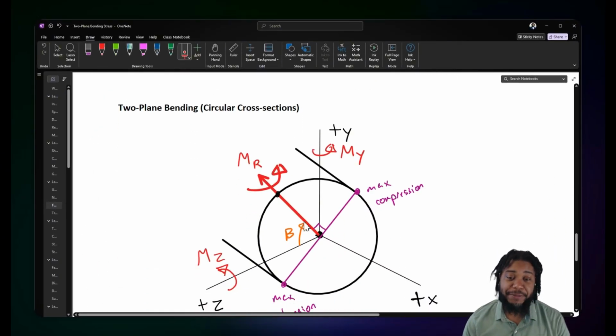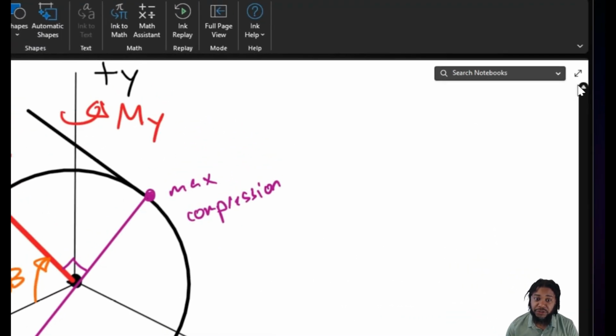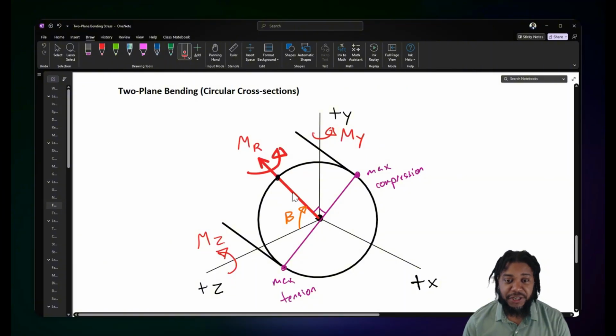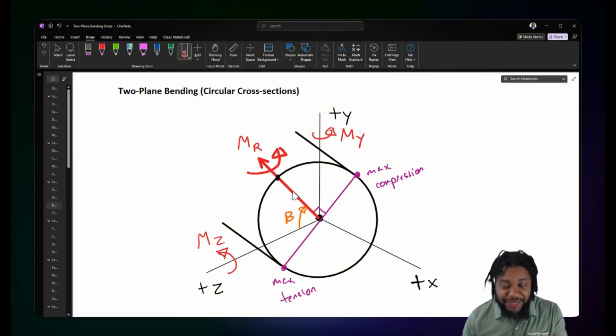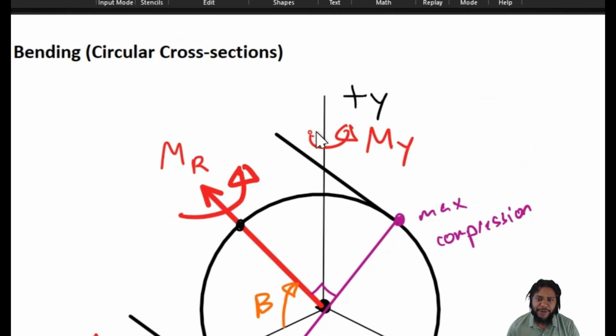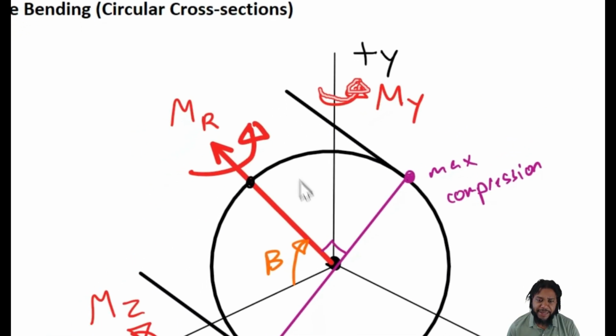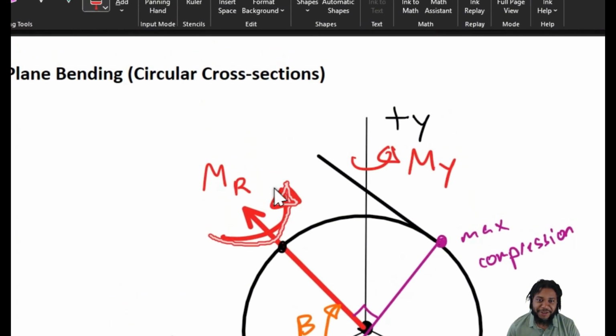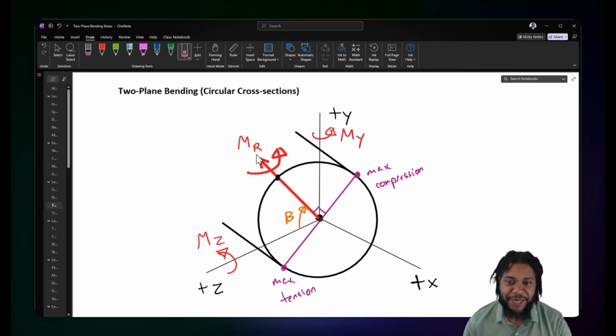Now, two-plane bending in a circular cross-section is a little bit more complicated. In the case of a circular cross-section, we don't have an edge that is consistently straight. So often we'll want to think of this almost as a vector problem, where if we have a moment about the z-axis and a moment about the y-axis, in combination there is a moment vector where the moment is maximized.